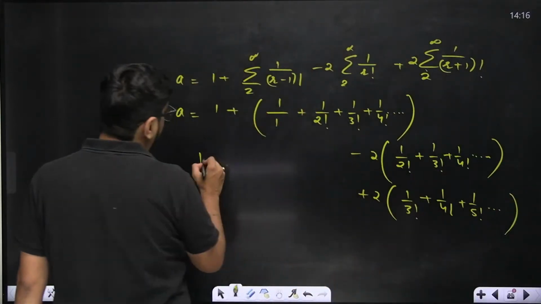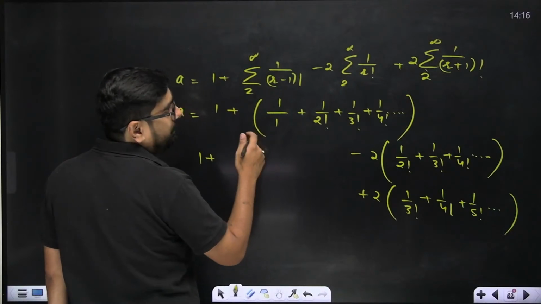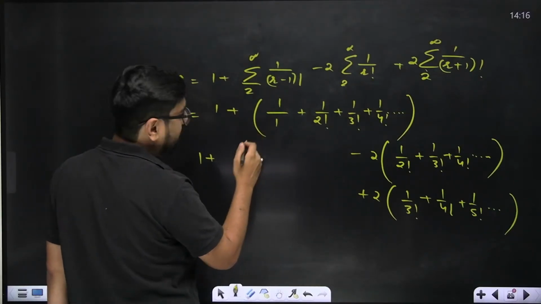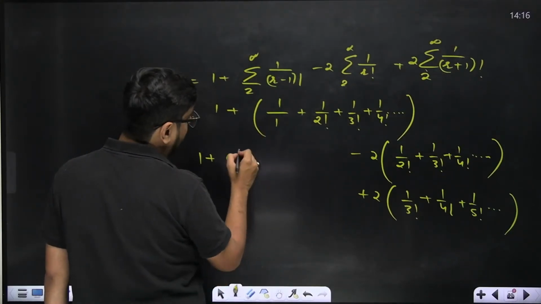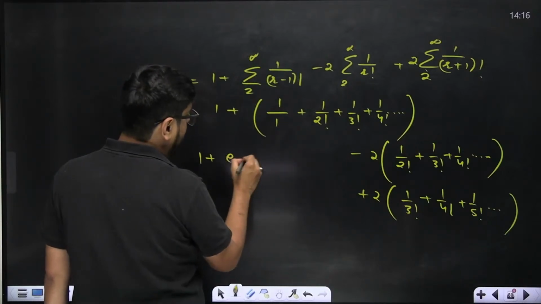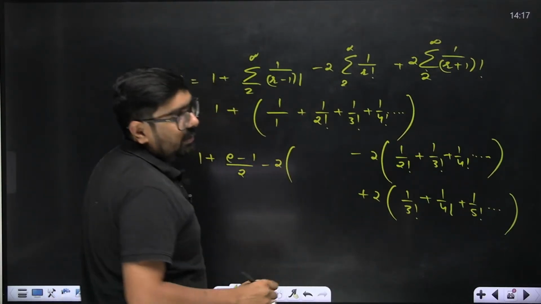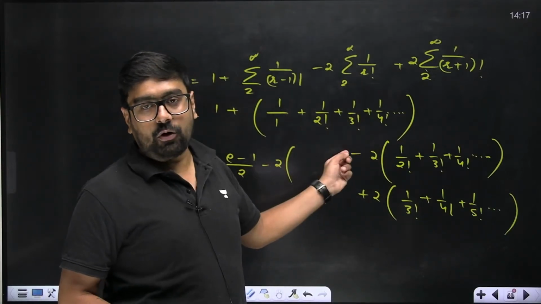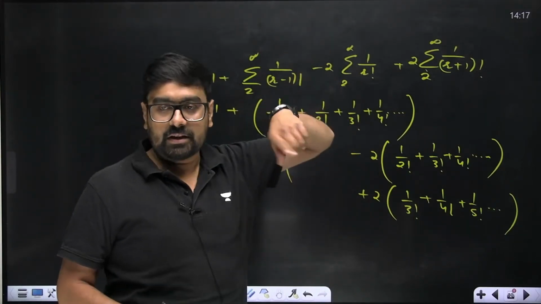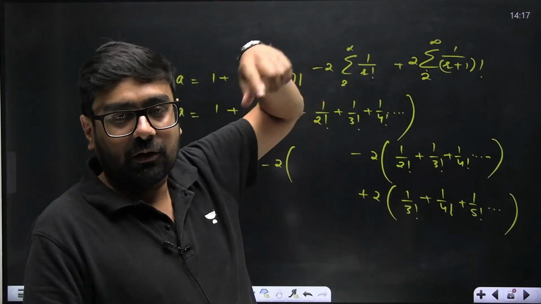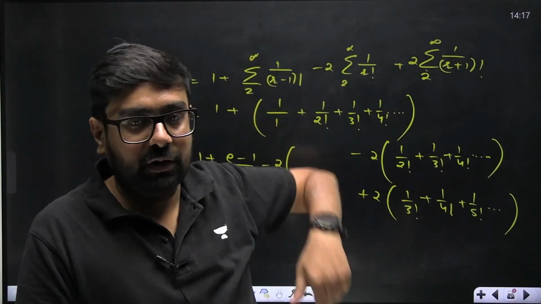This is what? 1 plus, this is e minus 1, right? This is e minus 1, e minus 1 by 2. Now this will become minus 2 times of, from e we subtracted 1 also, what is e? Expansion of e, 1 by 1 factorial plus 1 by 2 factorial plus 1 by 3 factorial, like that.